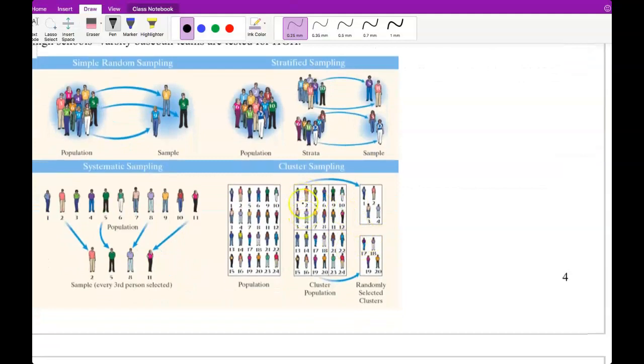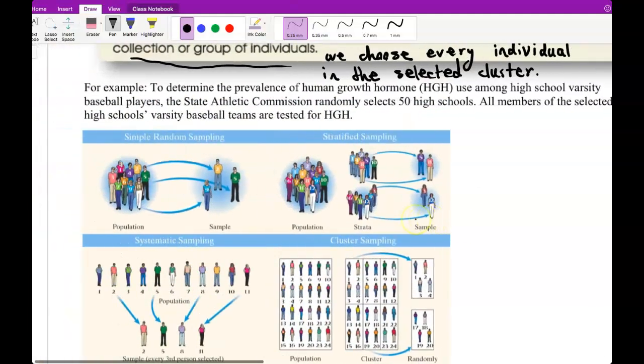See, I chose all of these to have our sample from each group. Okay.